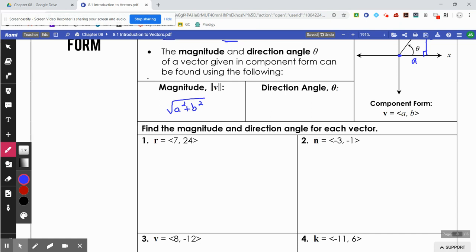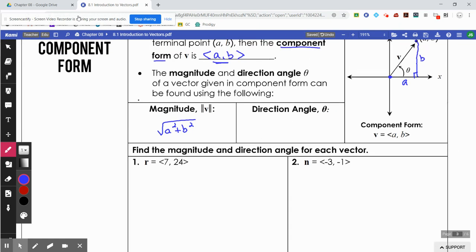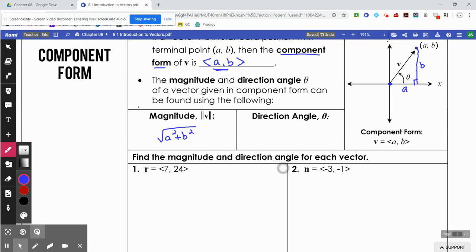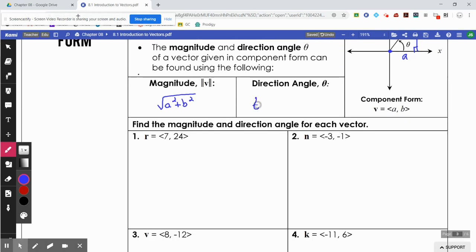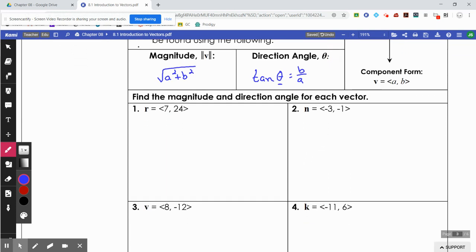For the direction angle, just like last chapter, the tangent of the direction angle equals opposite over adjacent, which is b over a. You do have to be careful, because that gives you the reference angle, so in the second or third quadrant you might have to do it a little differently.